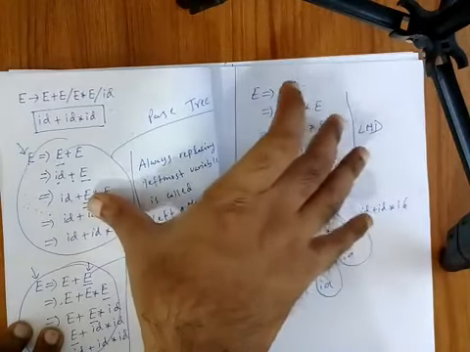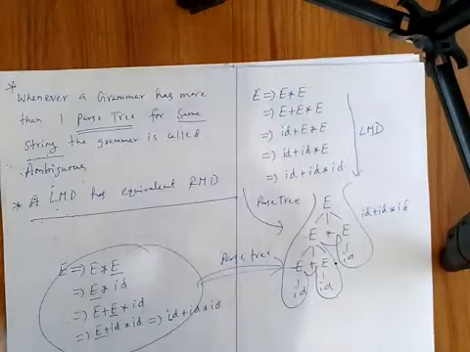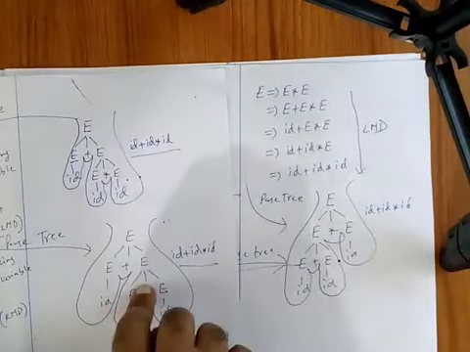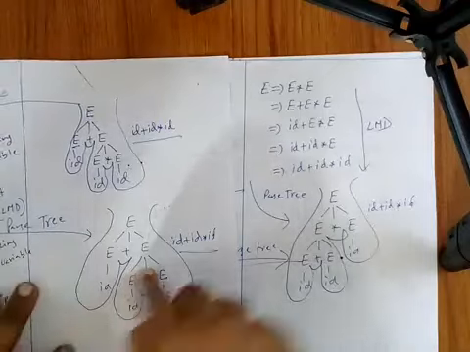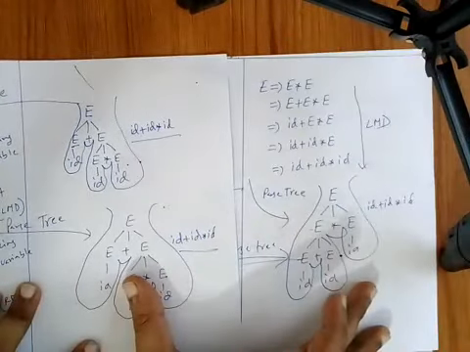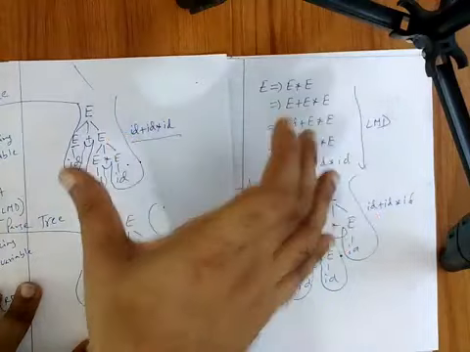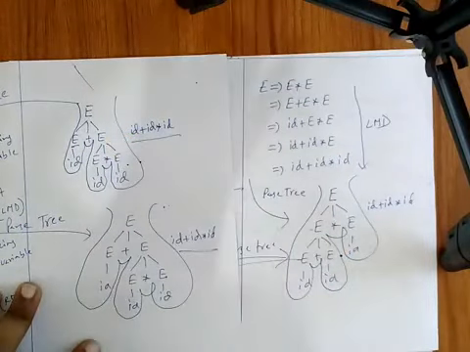How come they are equivalent? It produces one parse tree, which is this, and it produces another parse tree, which is this. Are these two parse trees the same or not? Structurally they are not the same. They are not the same parse tree. Am I right?